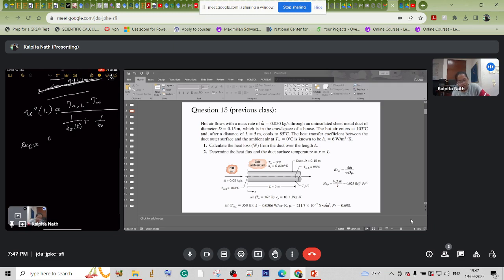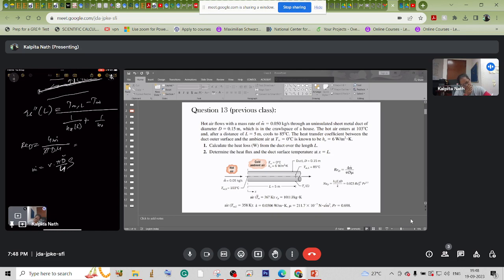Reynolds number is equal to 4m dot by pi d mu. How? Because m dot is velocity into pi d square by 4, which is the cross-sectional area, and into density.